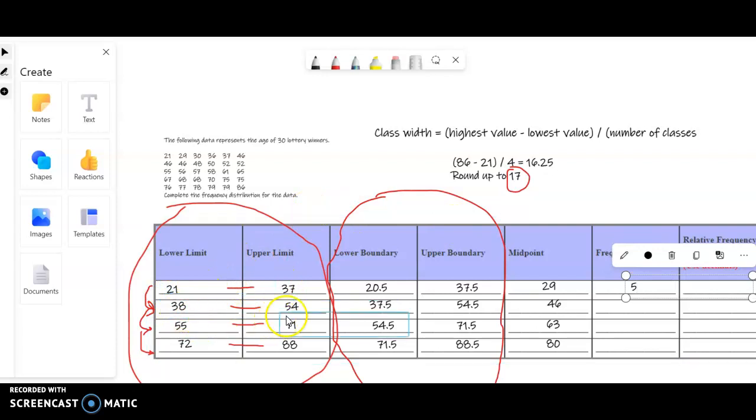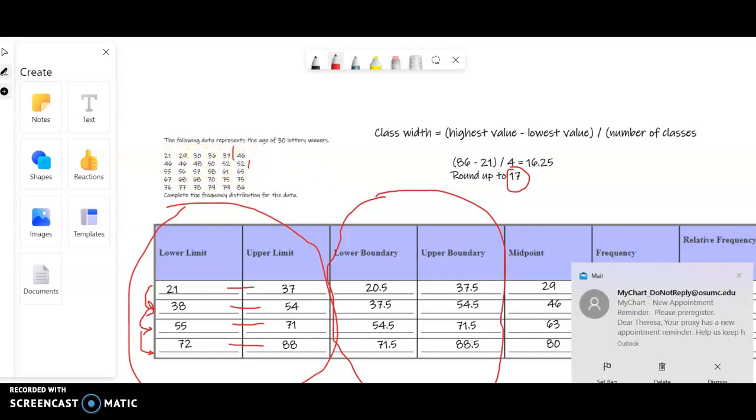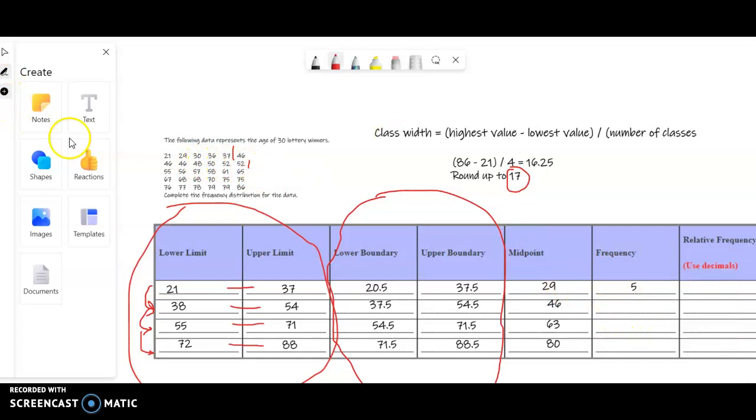The next category is from 38 to 54. So far I went up through here. So I'm just going to kind of put a break. So my next one's 38 to 54. That brings me up to here. So I have 1, 2, 3, 4, 5, 6, 7. And that is our frequency there. With me so far?